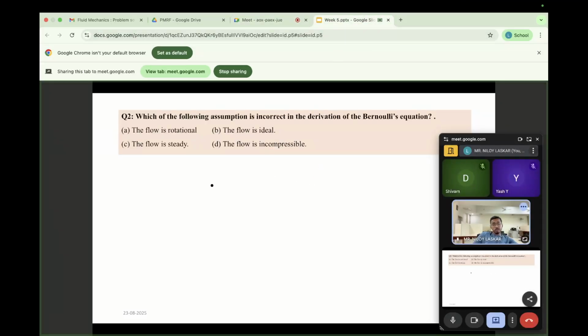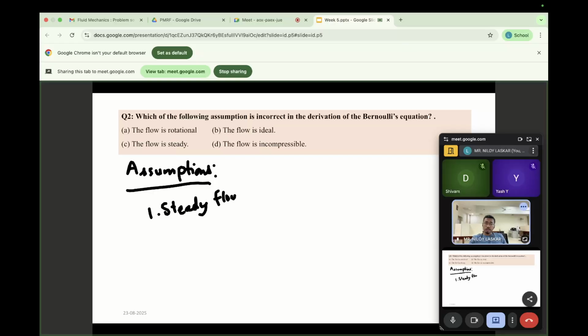So what are the main assumptions? Remember these assumptions in the Bernoulli equation. There are many assumptions, but mainly six assumptions we need to know. The first is that it should be a steady flow, right?